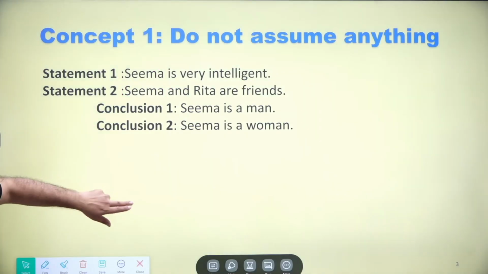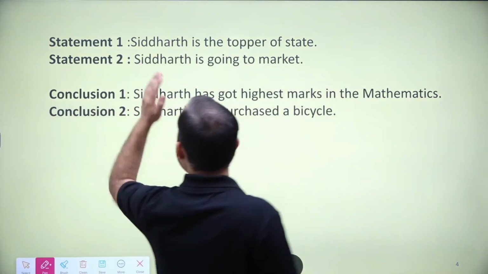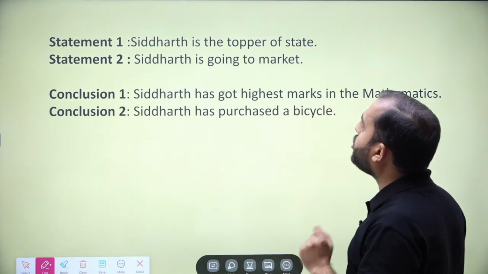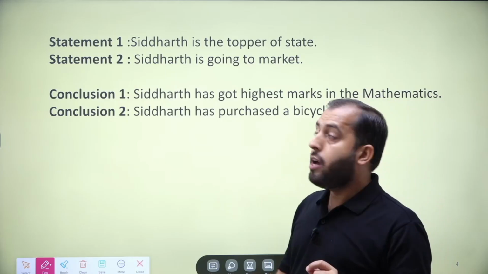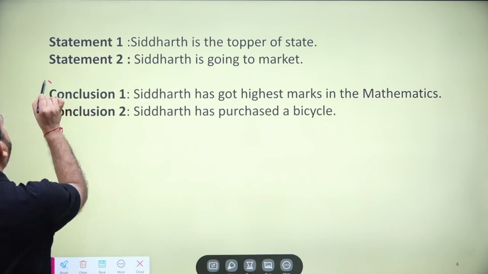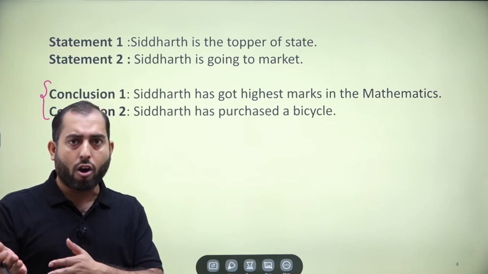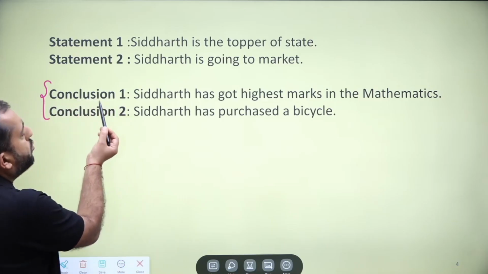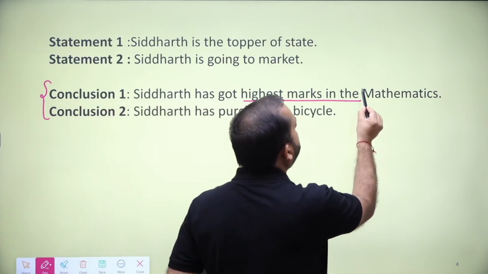Let's solve one more problem. Now, let's talk about this question. Given statement 1, Siddharth is the topper of the state. Statement 2, Siddharth is going to market. Based upon these two statements, we need to tell whether conclusion 1 will follow or conclusion 2 will follow or not. Now, see, conclusion 1 says Siddharth has got the highest marks in mathematics.